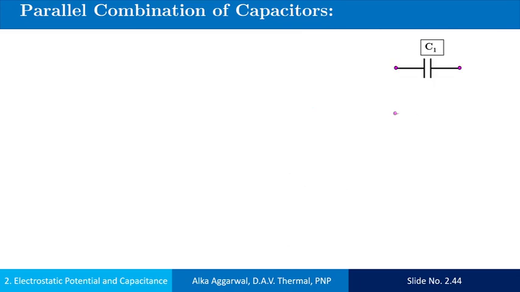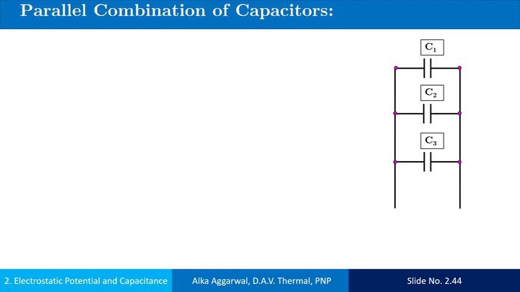In this combination, first plate of each capacitor is connected to one end and the second plate of each capacitor is connected to the other end. Let three capacitors of capacitances C1, C2, C3 are connected in parallel across the potential difference of V volt.